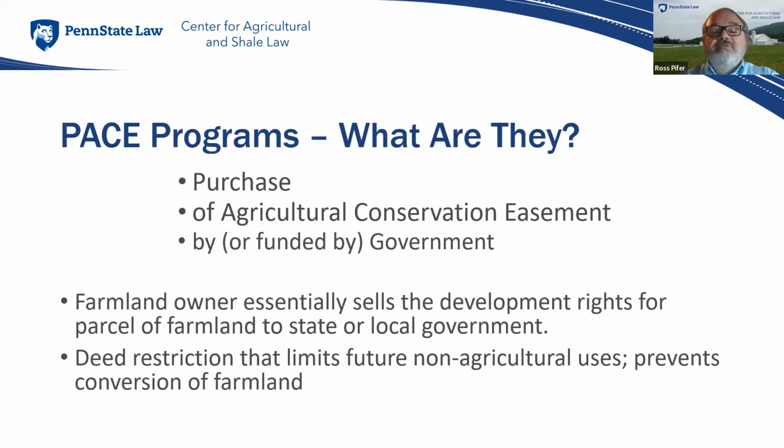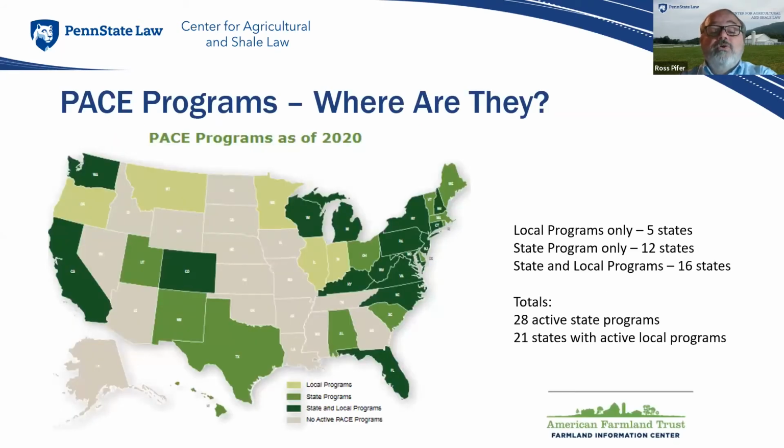I have a couple of maps in the next slides that show which states have these programs. The government, maybe the state or the local government, provides funding that is paid to farmers in exchange for selling the development rights. Then a deed restriction is imposed on that land that limits non-ag uses, or limits the conversion of that farmland.